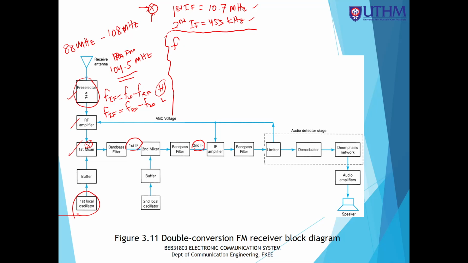So the FLSB produced through the mixer converter is equal to F local oscillator minus the input signal F RF. This is the first IF.